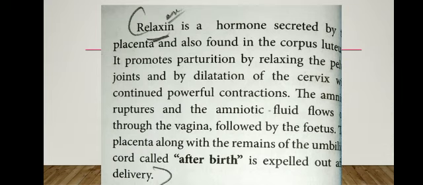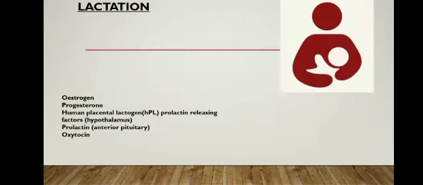So இதை விரிகிறதுக்கு வந்து இந்த relaxin வந்து help பண்ணும் during the pregnancy delivery time. Okay, the amnion ruptures, amniotic fluid flows outside through the vagina, followed by the fetus. So the placenta along with the remains of the umbilical cord, called afterbirth, is expelled out in delivery. Okay, so next one is lactation.